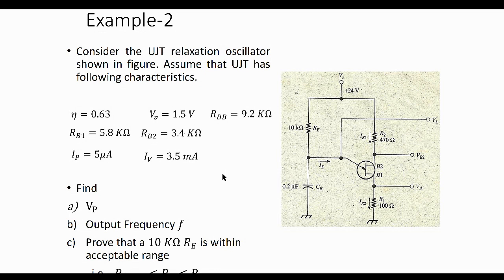So, of course, you want VP. You recall I showed that to you earlier on. So your peak voltage should be equal to your intrinsic standoff ratio times your VBB, plus your 0.7. All right, so you can let me know your answer.